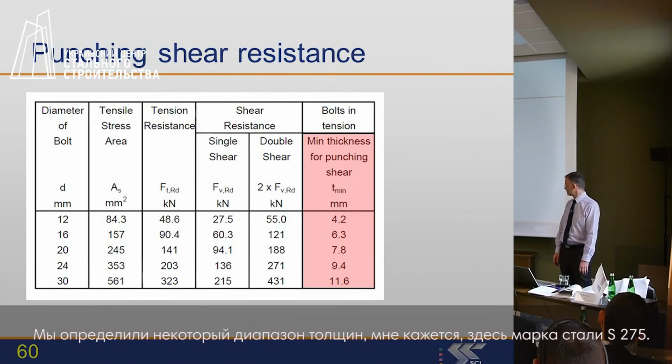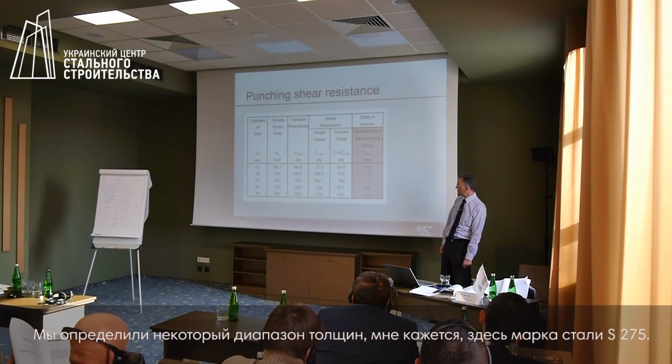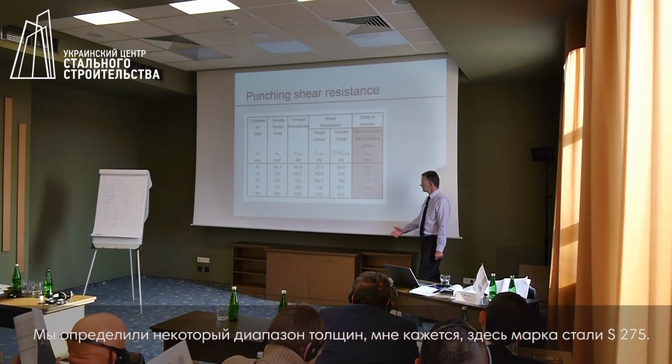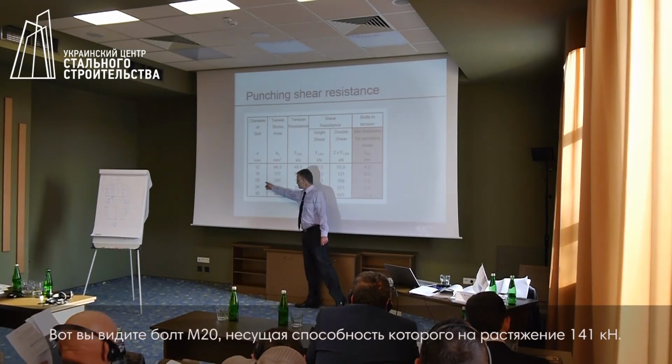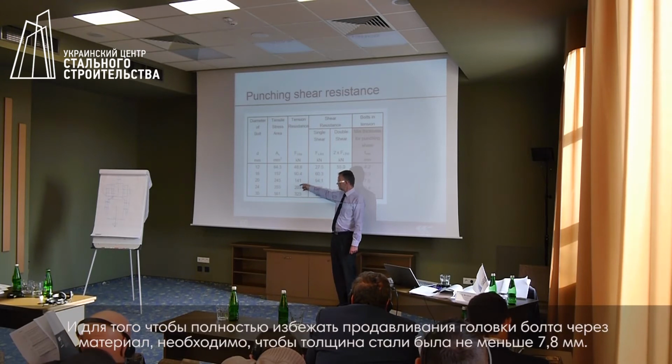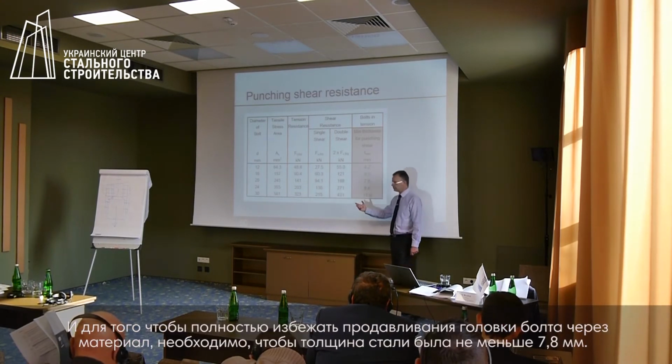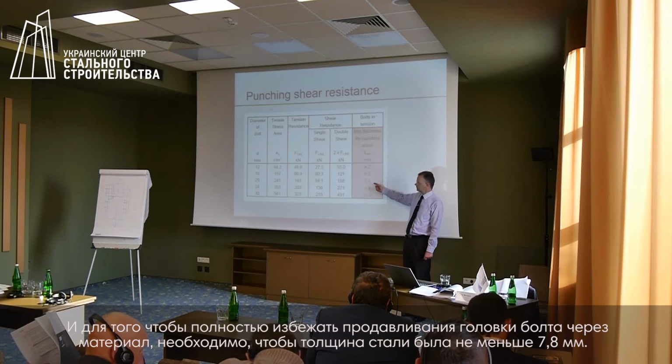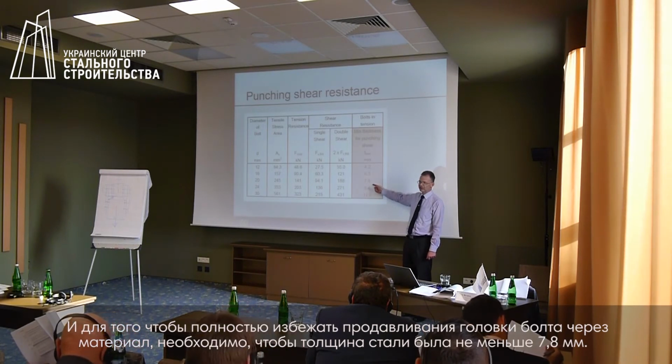And we calculate some thicknesses. This, I think, is in S275 material. So here is an M20 bolt, tension resistance of 141 kilonewtons, and to avoid the bolt punching completely through the material, we only need 7.8 millimeters of steel.